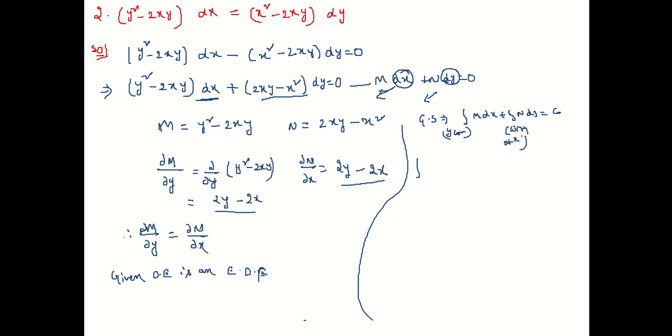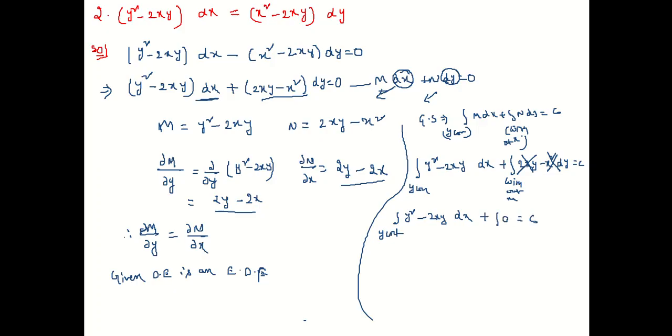That implies integral (y square minus 2xy) dx plus integral (2xy minus x square) dy equals c. In N, the x terms you cross out, both the terms crossed out. So we get integral (y square minus 2xy) dx, y constant, plus integral 0 equals c.